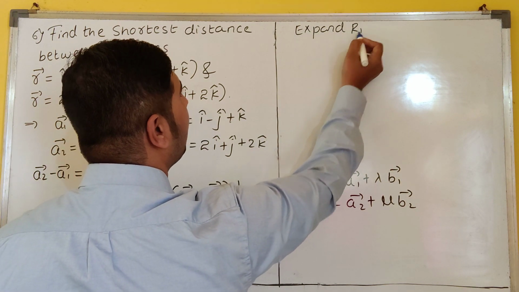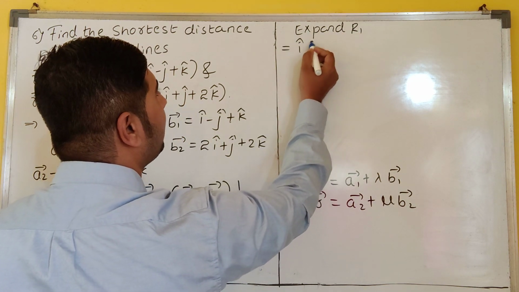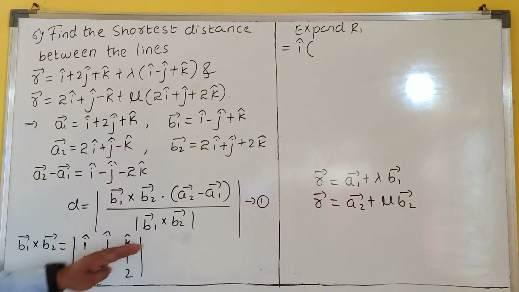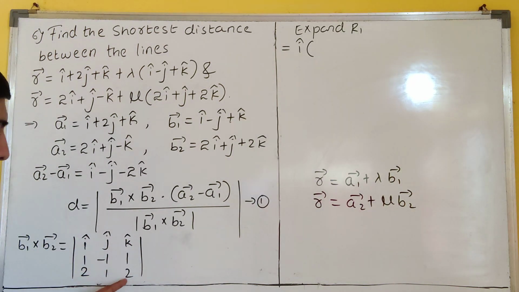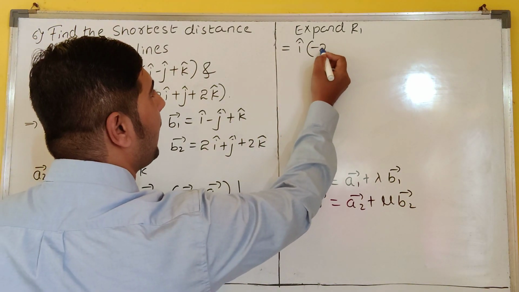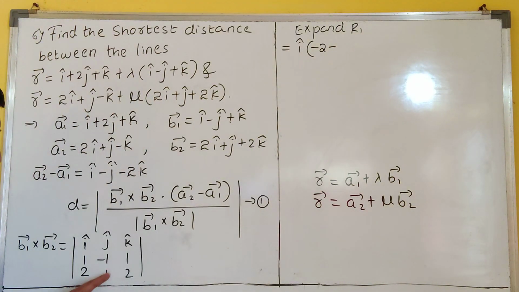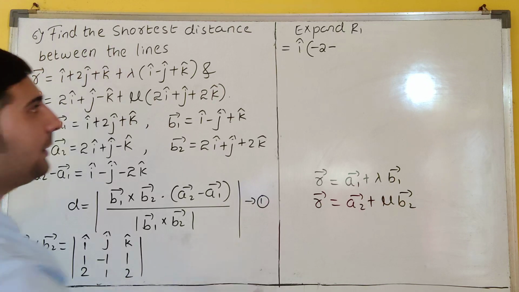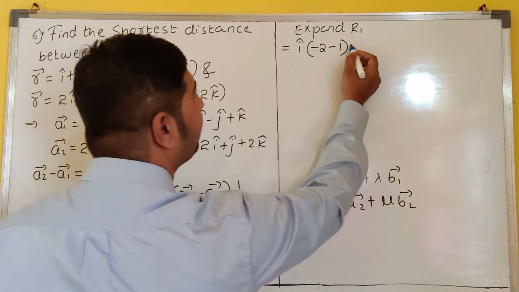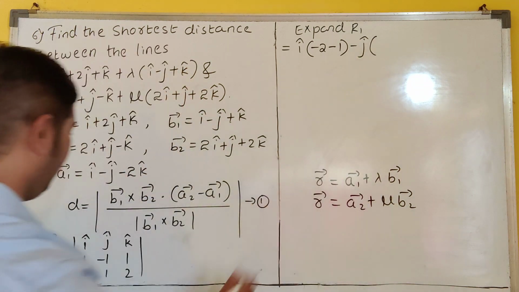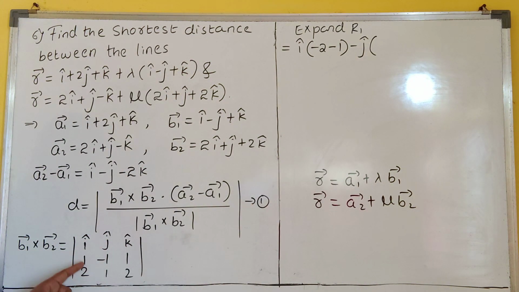So now expand r1, dear students. i cap, write as is. First row you leave, first column. i cap is in first row, first column. Minus 1 into 2, minus 2. Minus you write before multiplying this and this: 1 into 1 is 1. Minus j cap: first row you leave, second column you leave.